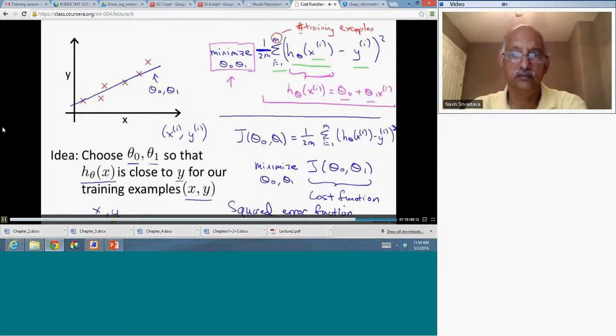There are other cost functions that will work pretty well, but this function is probably the most commonly used one for regression problems. Andrew is also talking about alternative cost functions as well, but this one that we just had should be a pretty useful thing to try for most regression problems. Okay, so the cost function.